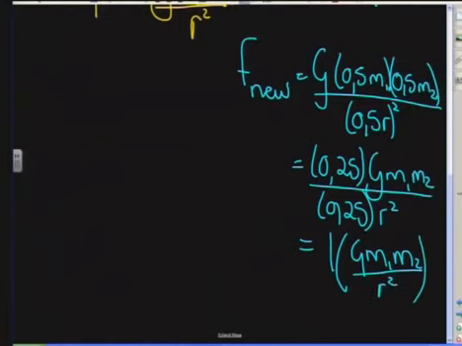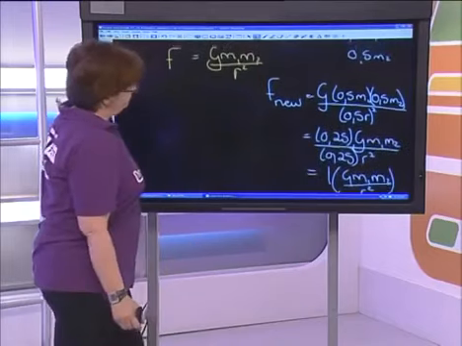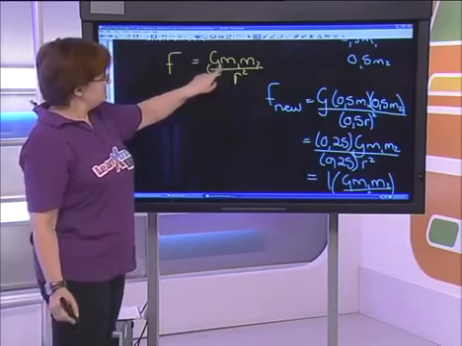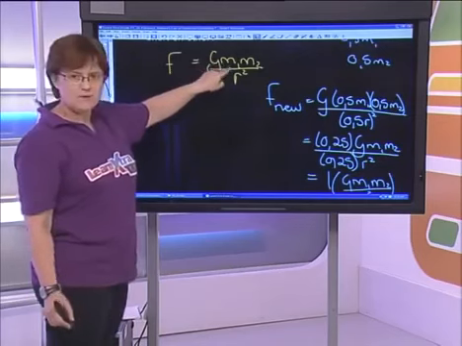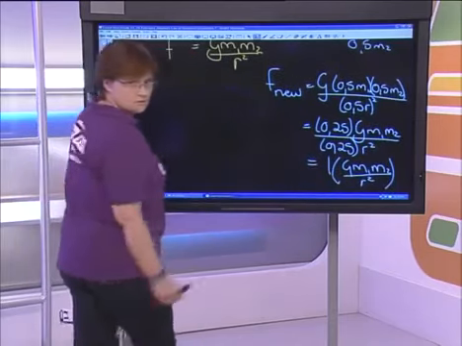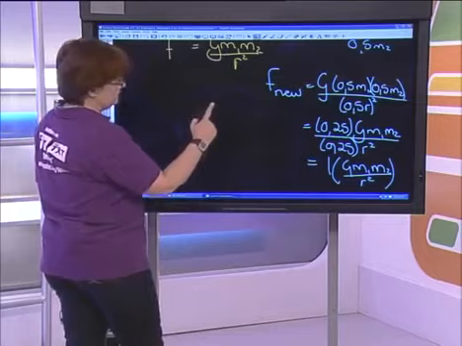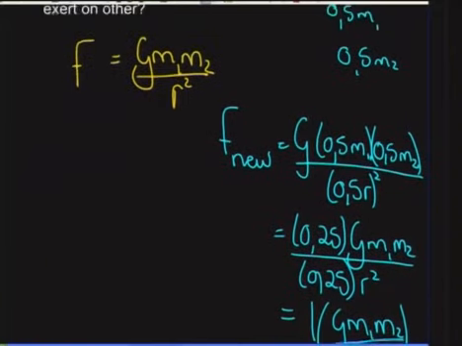Now I'm hoping someone is looking at this going, oh wait, Tracy, I see it. Watch here. Isn't that G M1 M2 over r squared what I've got over here? So doesn't that mean that actually the force is the same? That my new force, because I've got this, ooh, sorry, board doesn't like 2 instructions at once.